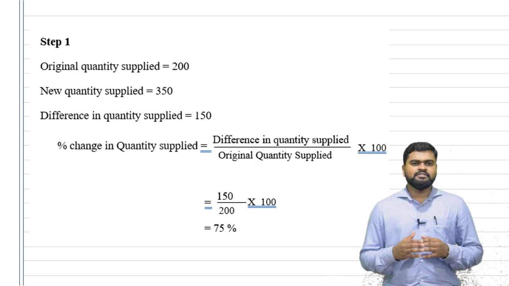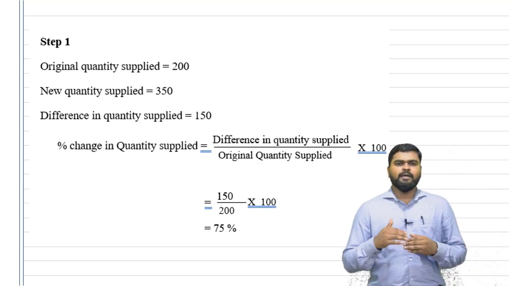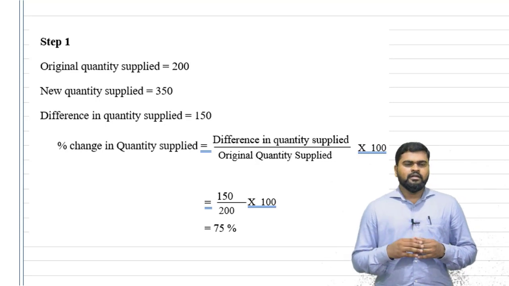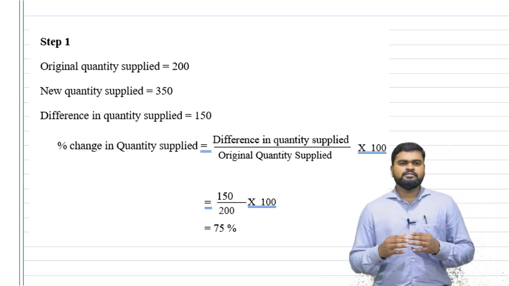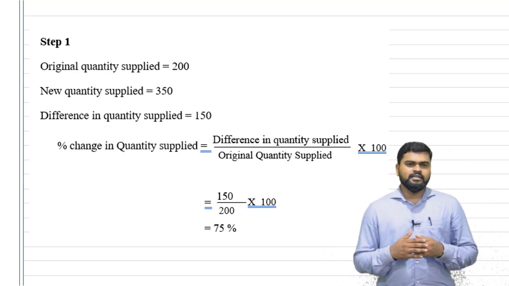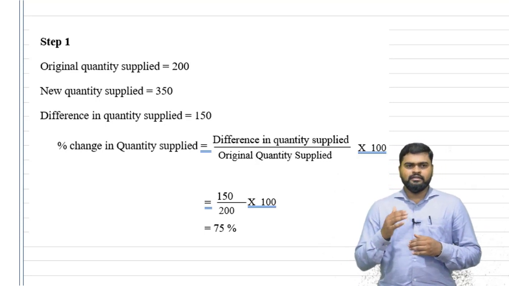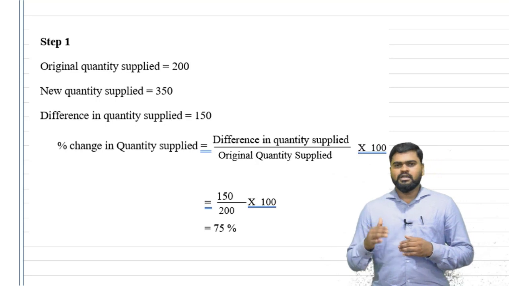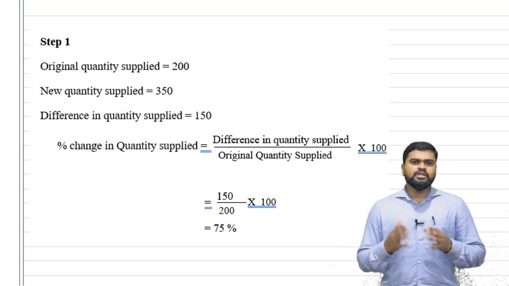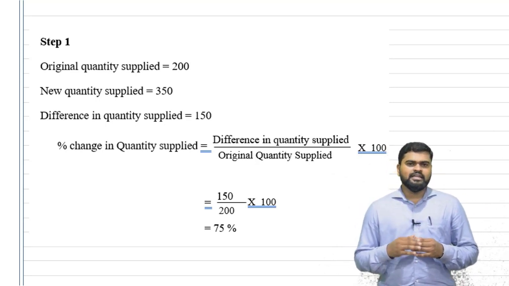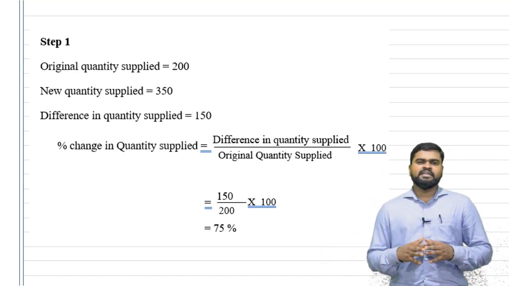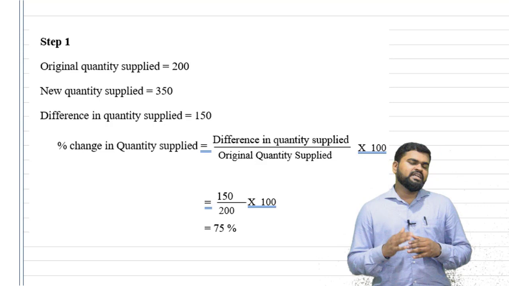The difference is 350 minus 200, that is 150. Putting this into the formula, difference in quantity supply 150 upon original quantity supply 200 multiplied by 100, we get the final answer, 75%. So percentage change in quantity supply is 75%.